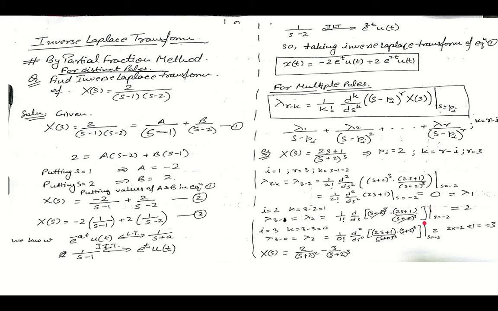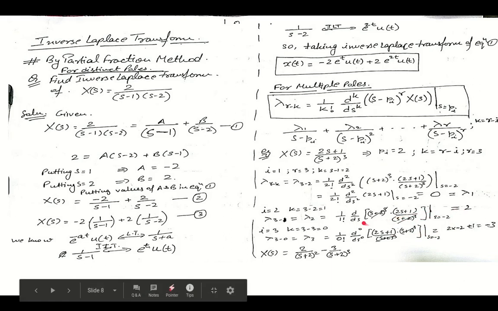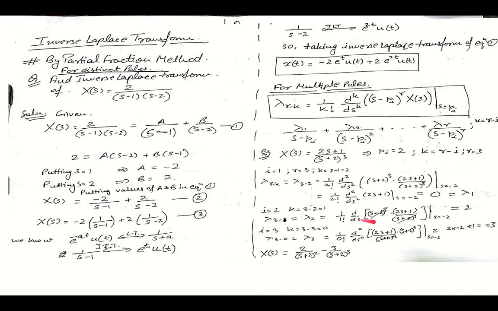Now for this again we are putting s is equal to minus 2, since the value of pole is minus 2. Now if we differentiate it, before differentiating we can cut (s plus 2) whole cube and (s plus 2) whole cube, and if we differentiate 2s plus 1, it will give us 2. So in this value there is no need to put s is equal to minus 2, since we are not having any term of s. So lambda 2 will be equal to 2.